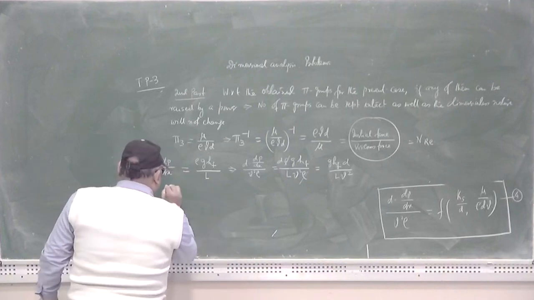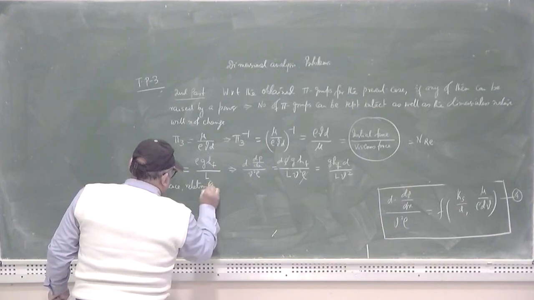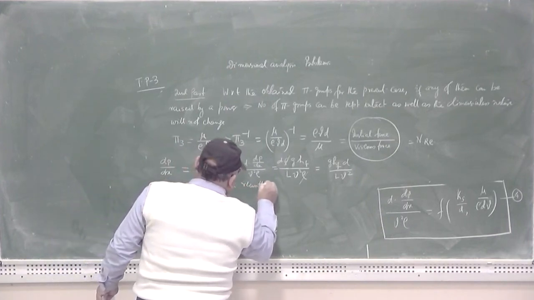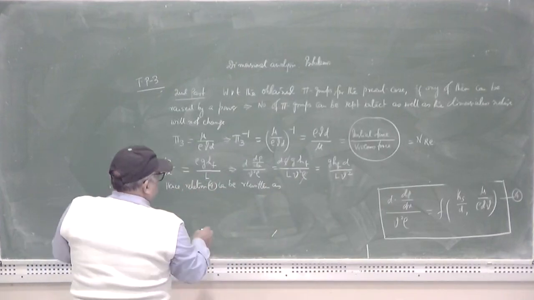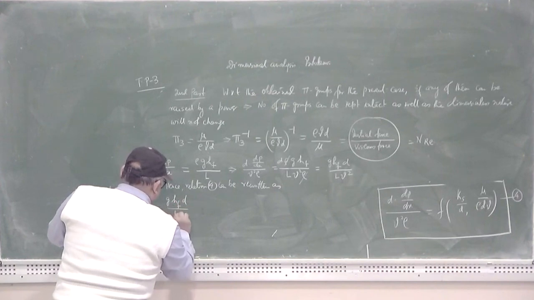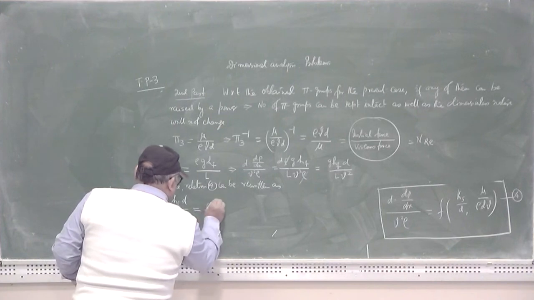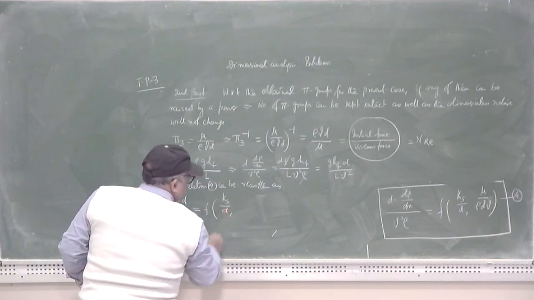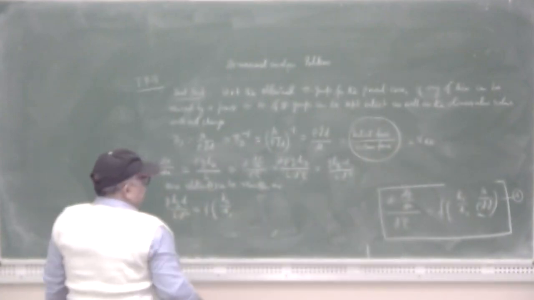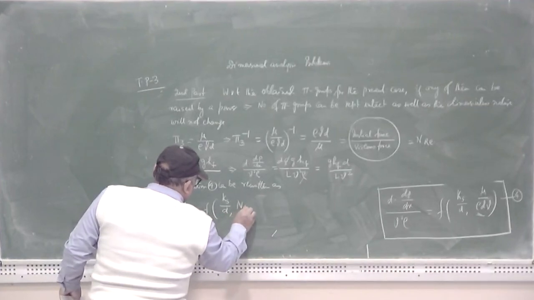Hence relation 4 can be rewritten as g hf d divided by L v square, that should be equal to a function of ks by d, and this quantity may be written as Reynolds number raised to the power minus 1, or Reynolds number, because you are taking the function.